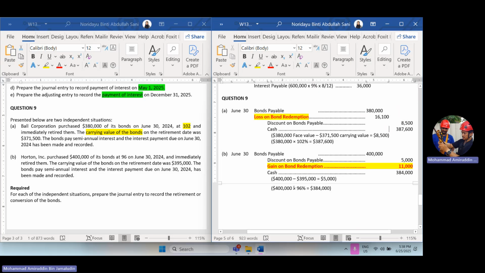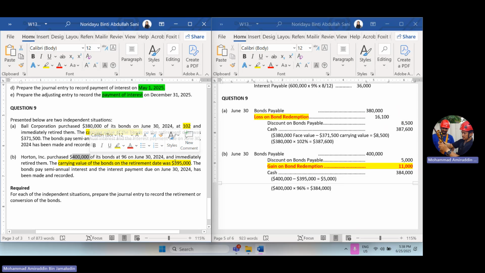The other way around, here we have bond issued at discount. After that, this is your carrying value. Okay, so same thing. First, your bonds payable, your face value, 400,000, you debit because we want to pay. And then we compute the discount, which is your face value minus the carrying value.